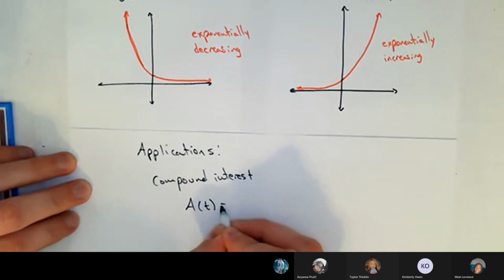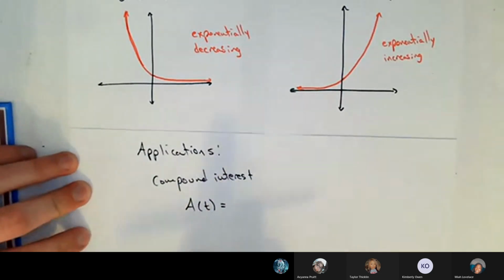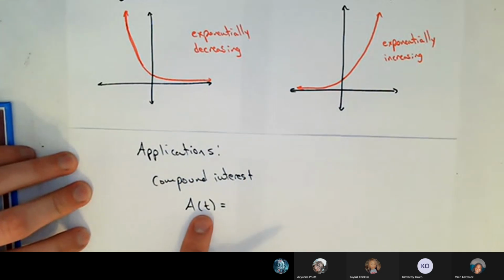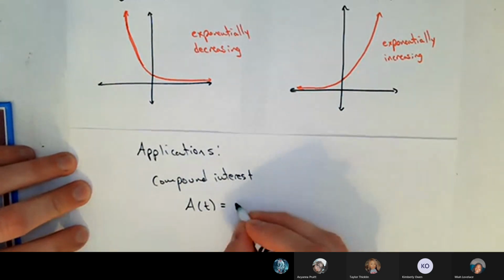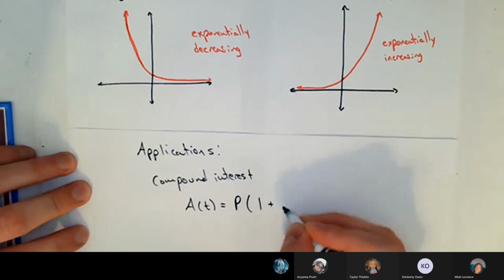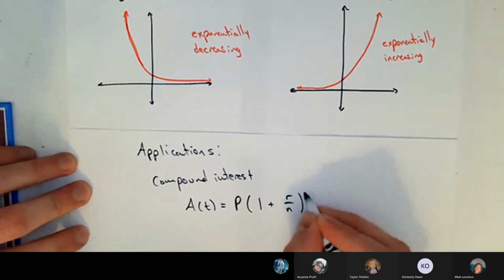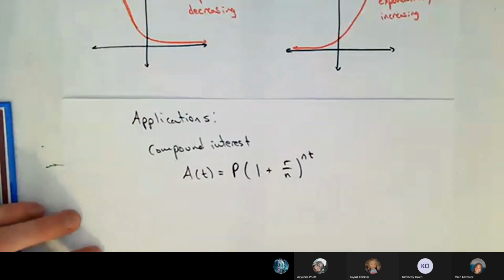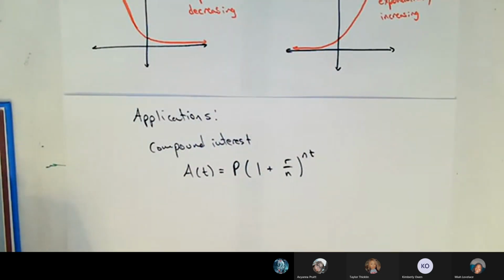We had a of t, some function of time. If we're talking about an application for an exponential function, time better be in the exponent position, and it was. We had this equation with r over n times t, and we did some calculations. We also talked about what happens when you let the number of compoundings, that n value, get very large.